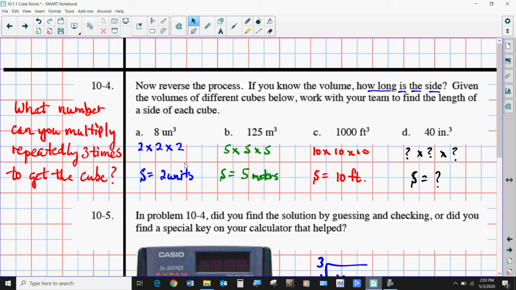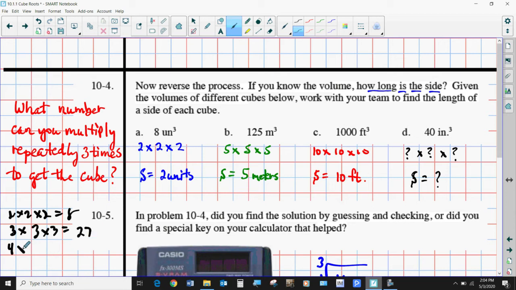If I were to come over here and say, all right, let's try 2 times 2 times 2, we saw that was 8. 3 times 3 times 3 was 27. 4 times 4 times 4 is, what is that? 16 times 4, I believe, is 64, which means that the side length for this particular cube that has a volume of 40 cubic inches has to be between 3 and 4. Good luck guessing what that might be.